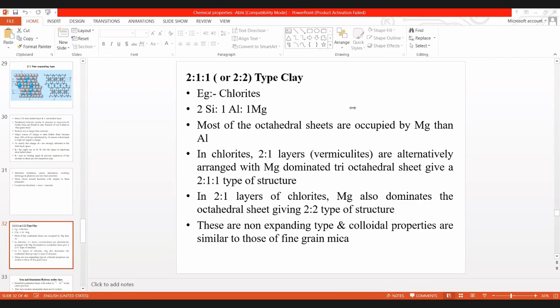Both particle size is larger than smectite. Hmm? What's the difference?